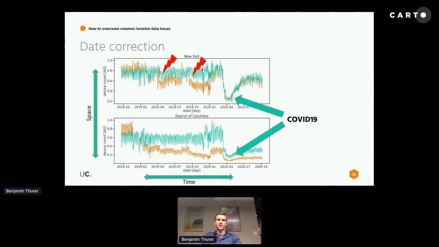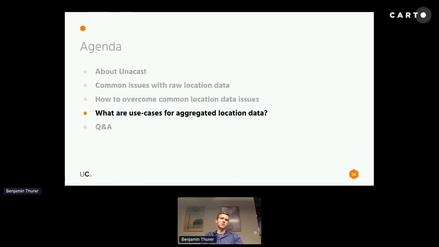That's really nice, because here we saw this huge detrending and up and down period for New York, which is mostly gone. And the most important thing for us is that we still preserve the pattern of the COVID-19 period, which is what we want to keep. That is pretty amazing, because there's absolutely no manual work. It's completely automatized. So what can we use this data for?